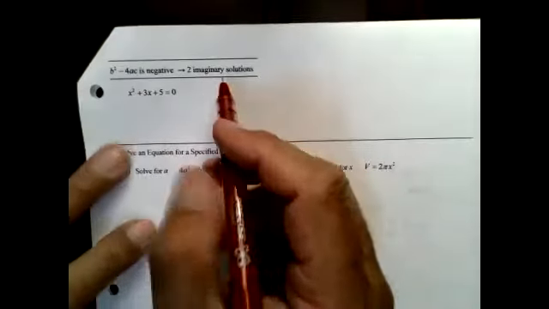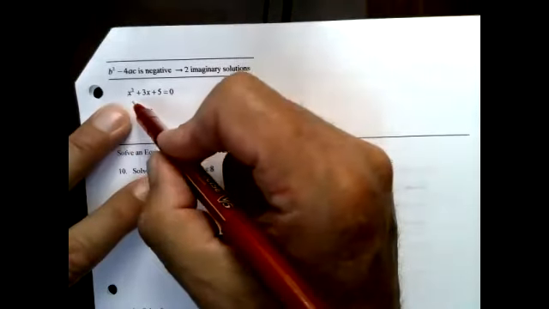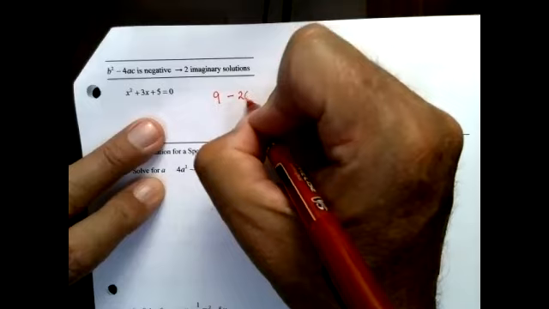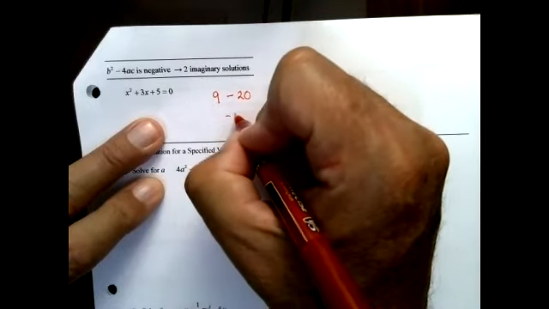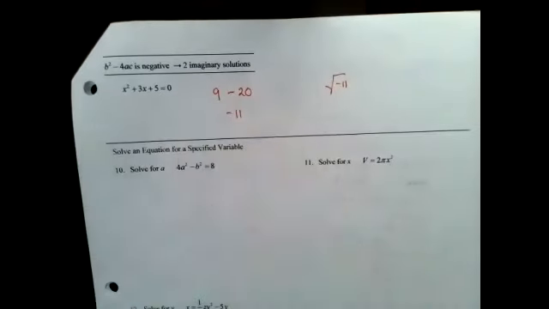Negatives, right? This is going to be the 2 imaginary. The discriminant, b squared minus 4ac. 9 minus 4 times 1 times 5 is 20. That discriminant is negative 11. That means in my square root, I'm going to have negative 11, 2 imaginary roots.